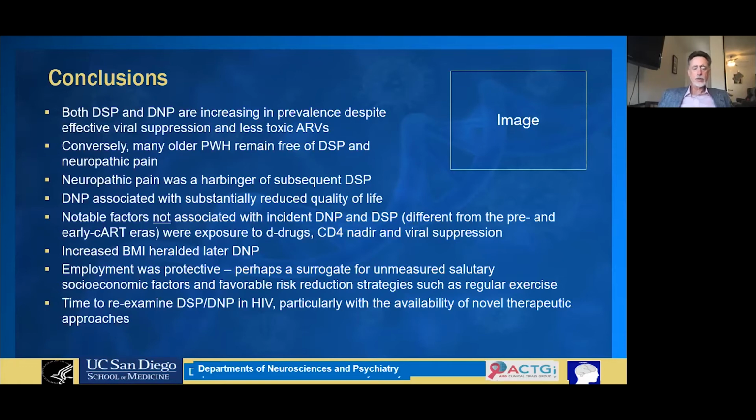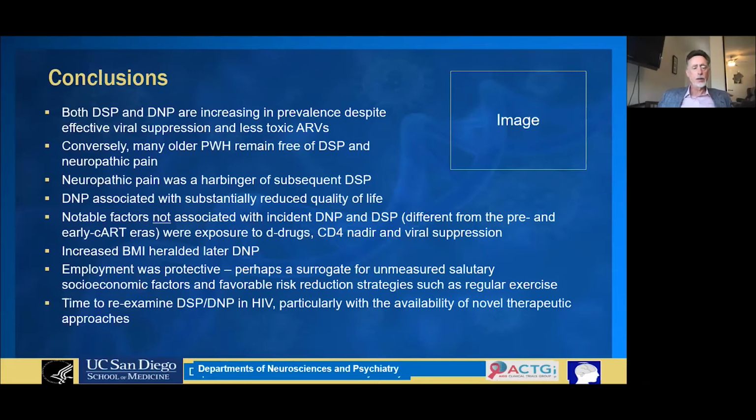Notably, the factors that have been associated with incident pain and neuropathy are quite different from the early CART eras. Previously, exposure to D drugs, CD4 nadir, and viral suppression, none of those things is any longer a significant predictor.